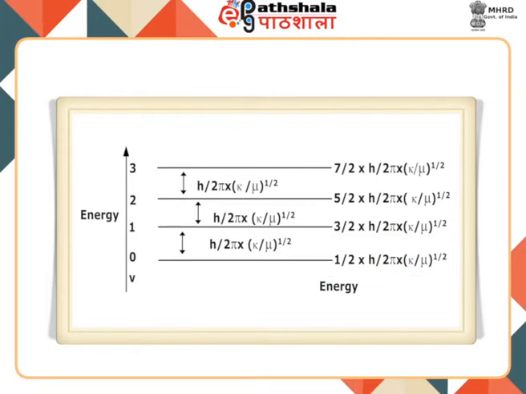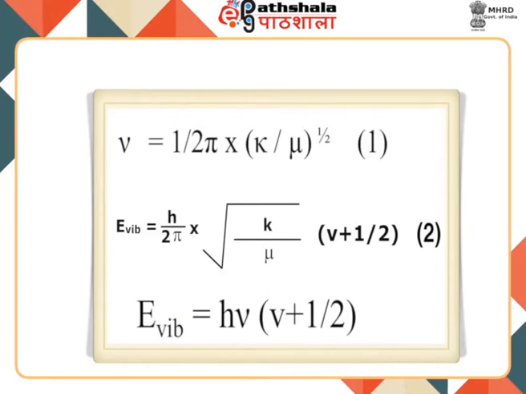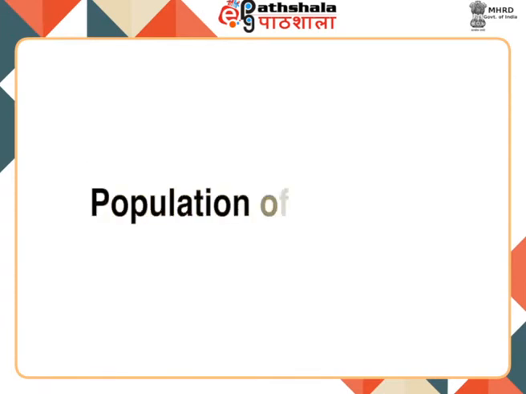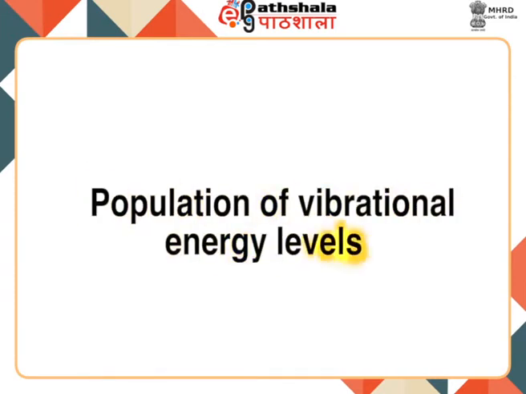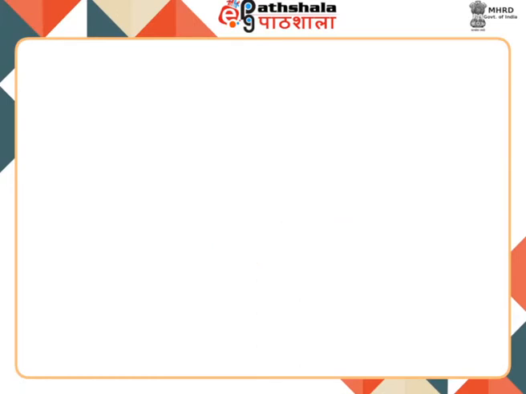The vibrational energy of a molecule increases with increase in the value of force constant and decreases with increase in reduced mass of the molecule. On combining equation 1 and equation 2, we get E vibrational as h nu into V plus 1 by 2. Now we will see the population of vibrational energy levels.